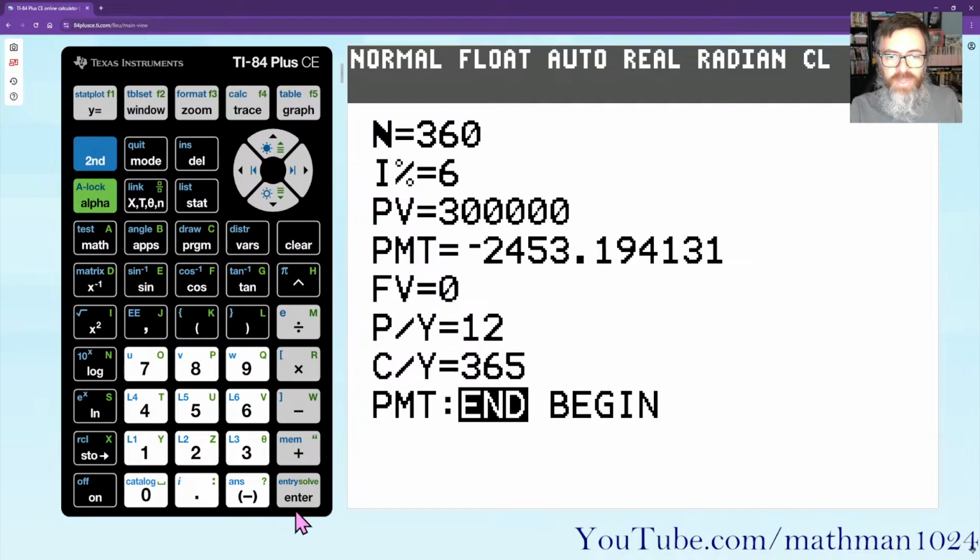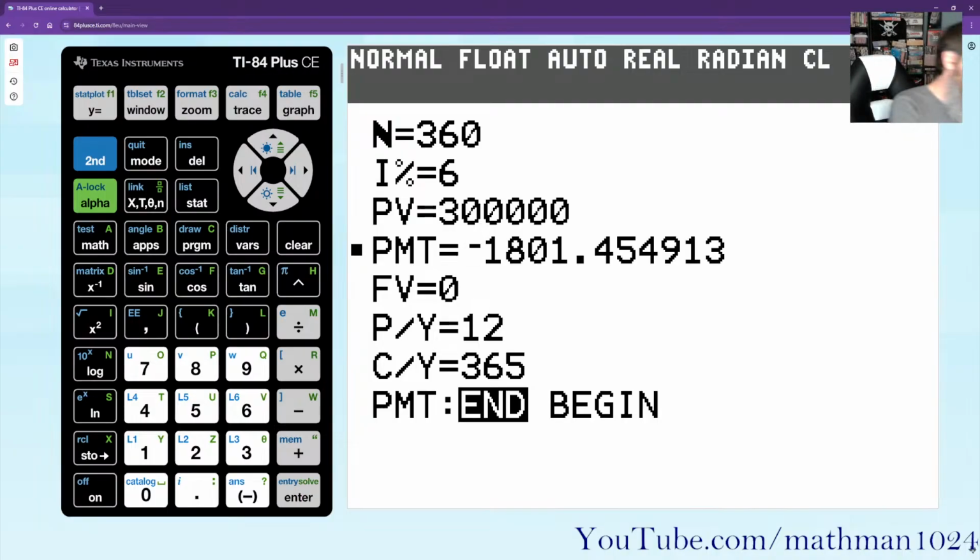Let's solve for this. Oh, that's a whole lot less, isn't it? We're saving money now. So 30 years at 6%, your monthly payment is $1,801.45.